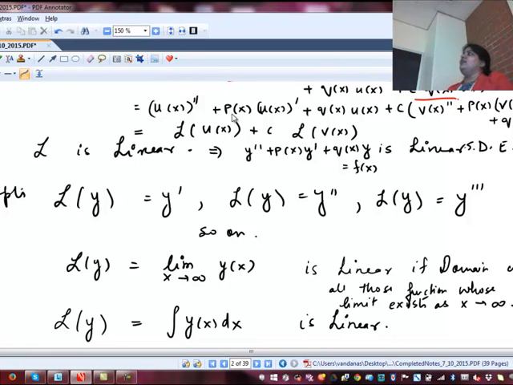Now why do we keep emphasizing linearity? The reason is that long back, when engineers were working on some problems, they thought, okay, there is some structure here coming out and we want to see the results.